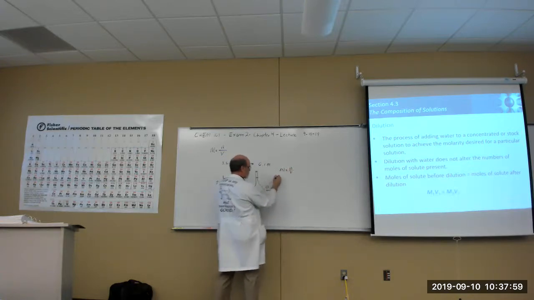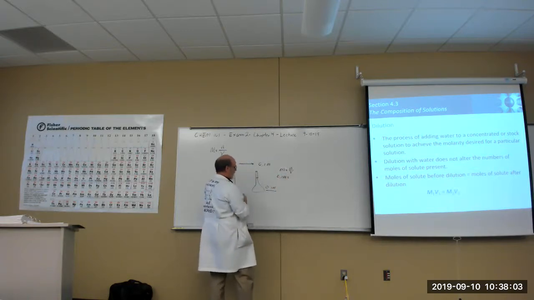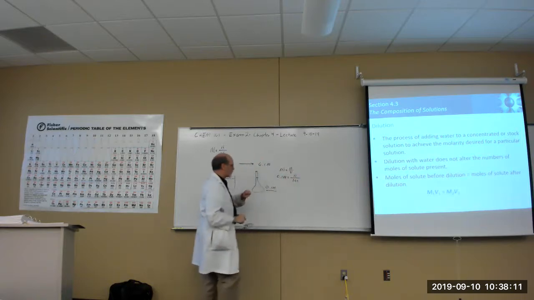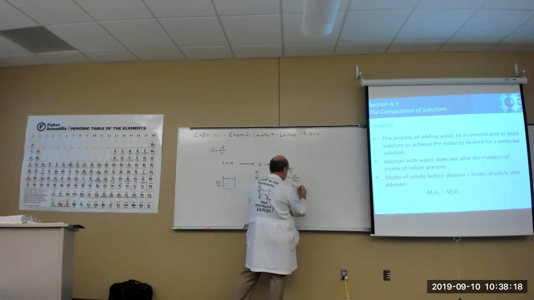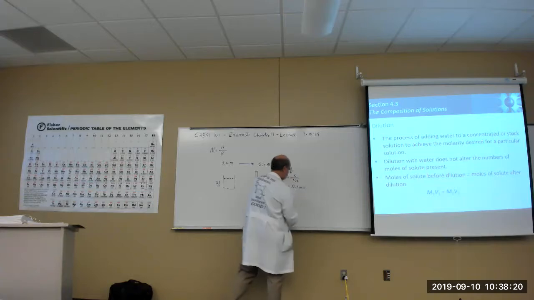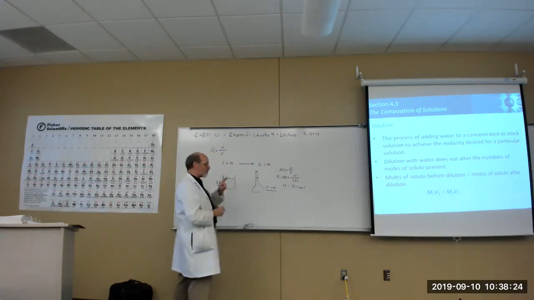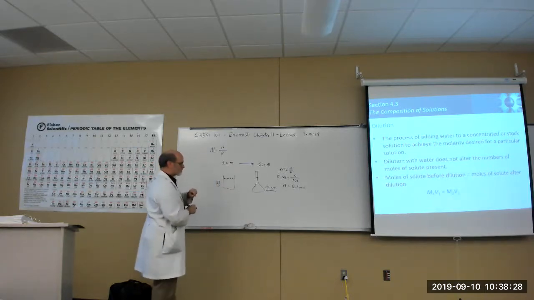If we know the molarity, and we know the final volume, let's say it's another liter, then we need to know how many moles to put in there, right? So solve for n, we need to have 0.1 mole of the solute.